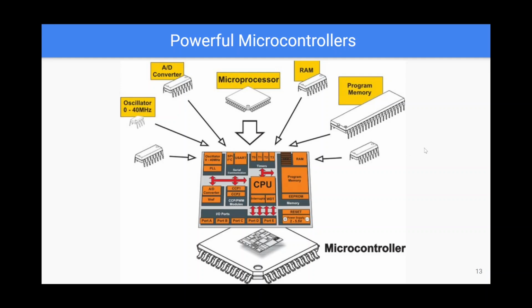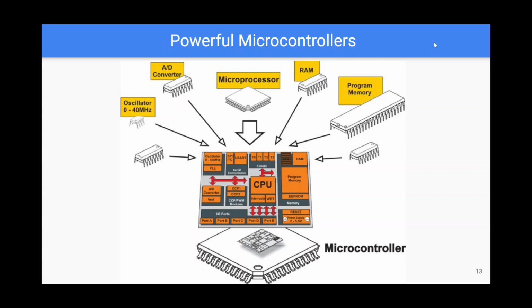So what I want you to get from this particular slide is that the more IC packages or functionalities you integrate on a microcontroller package, the more powerful it makes it.